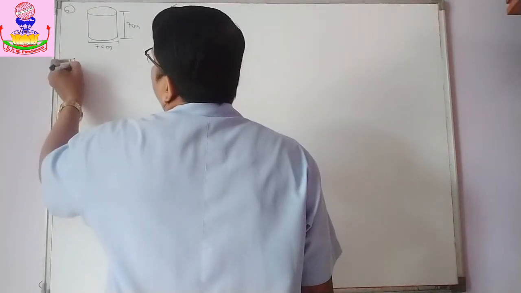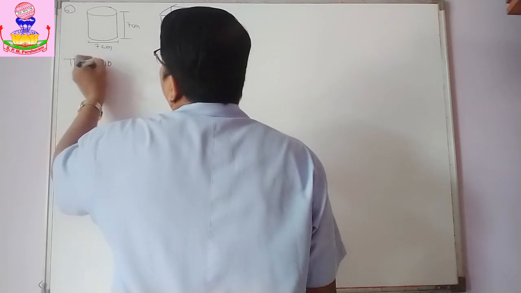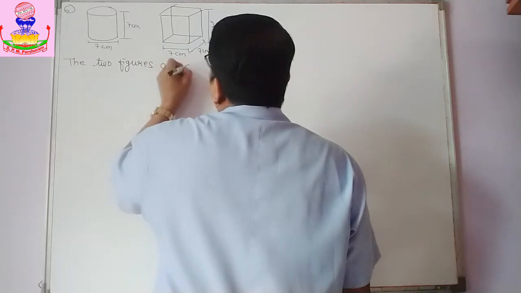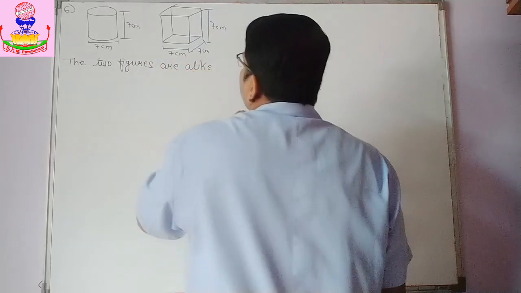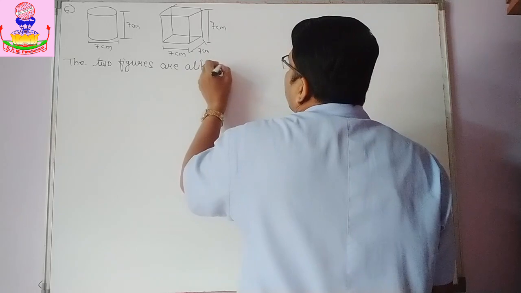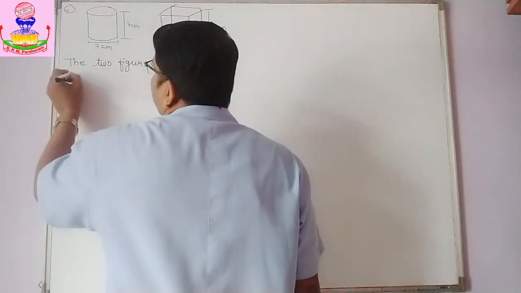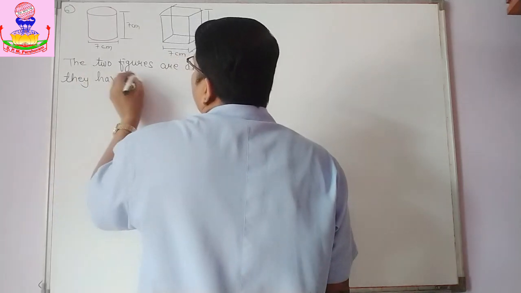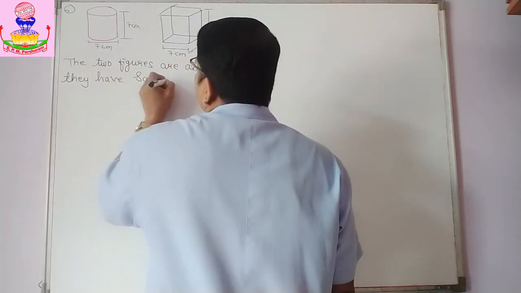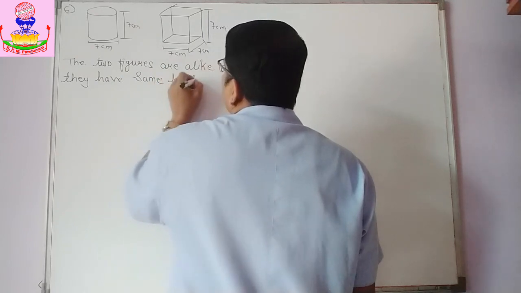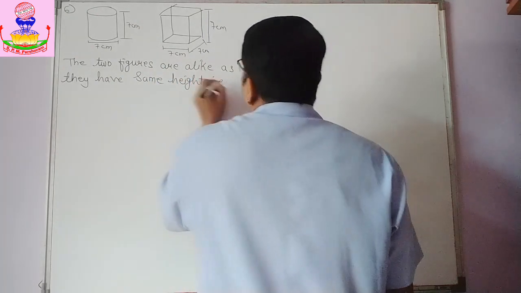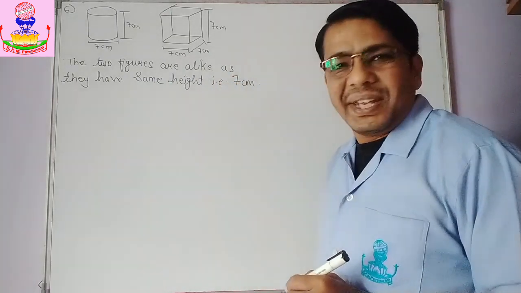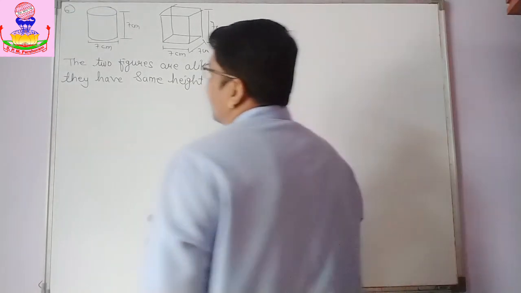So here we can write, the two figures are alike as they have same height, that is 7 centimeters. Okay, now their difference.